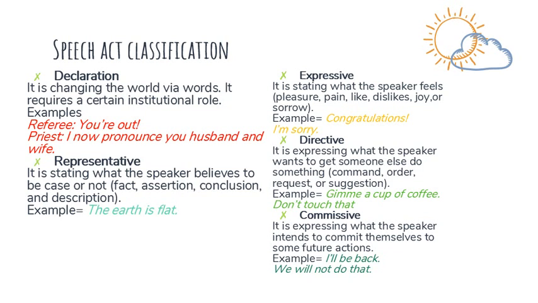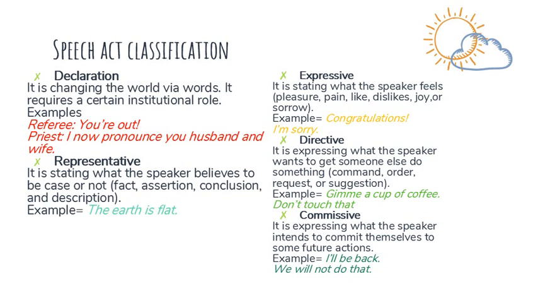The example is when a referee says, "You're out," or when a priest says, "I now pronounce you husband and wife." The examples illustrate that the speaker has to have a special institutional role in a specific context in order to perform a declaration appropriately.